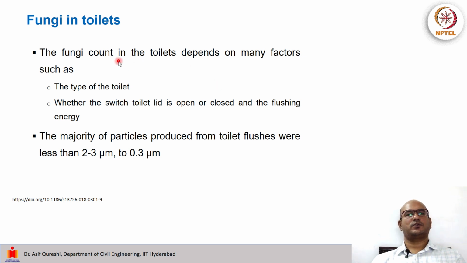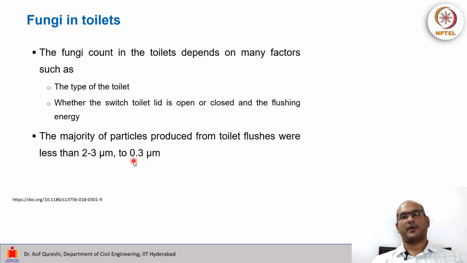In toilets also fungi will be emitted, and this will depend on, of course, the type of toilet and whether the toilet lid is open or closed, and the extent of flushing turbulence created. It has been found that in some studies the particles produced from toilet flushes were less than 2 to 3 micrometer, even as low as 0.3 micrometer, which are the size ranges which remain suspended in the air for a substantial amount of time.